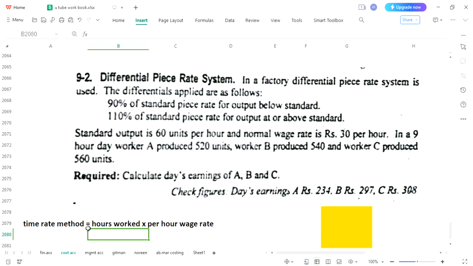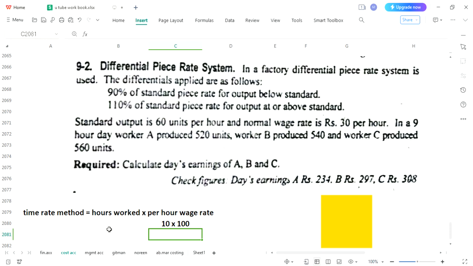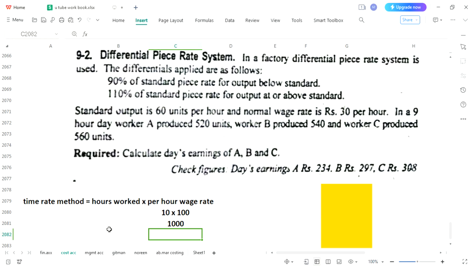So time rate method is associated with hours worked and per hour wage rate. Example, if a worker had worked for 10 hours and we have promised to pay them 100 rupees per hour, in this way, 10 multiplied by 100, he will be getting $1,000 or rupees according to time rate method.